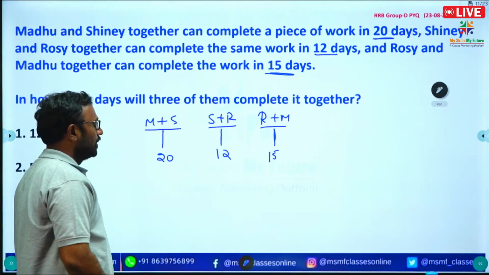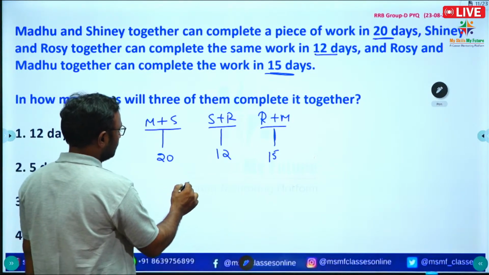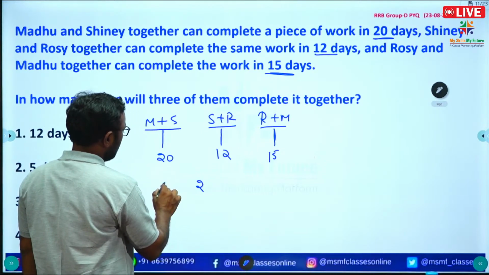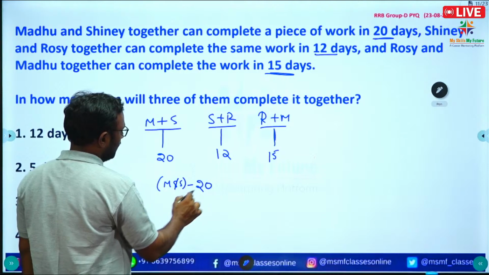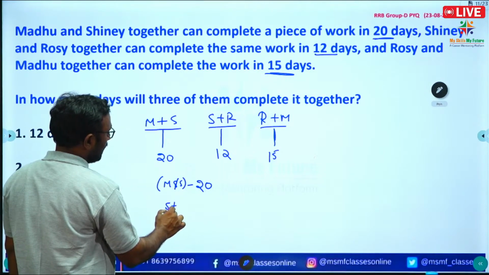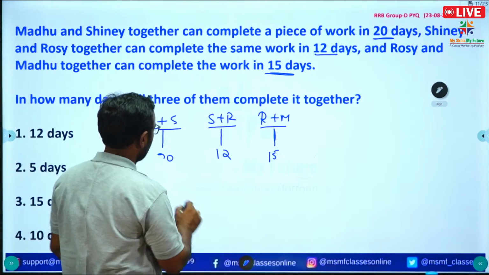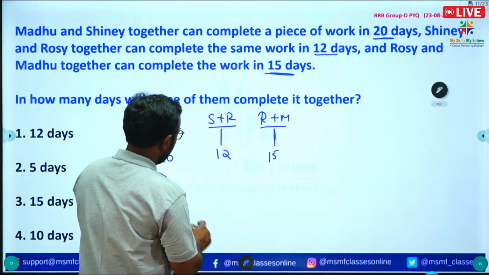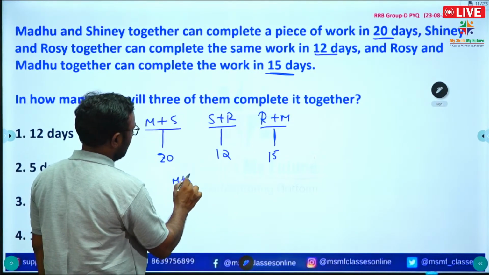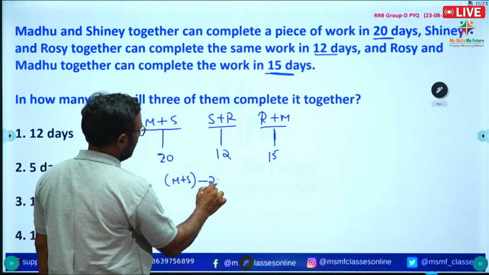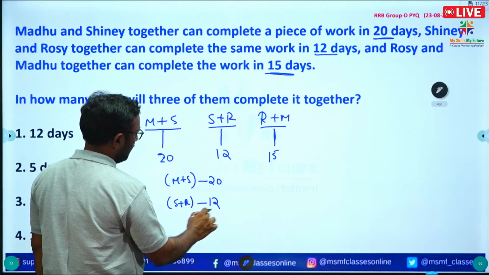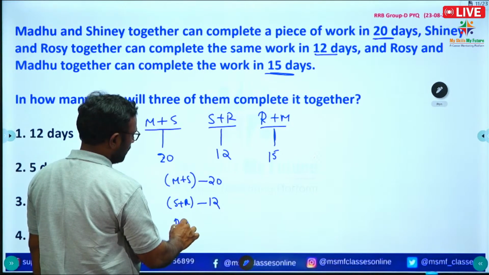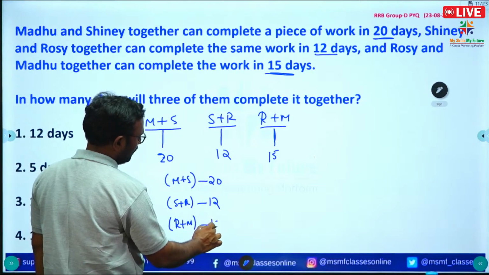Take the LCM. Madhu and Sinhe complete the work in 20 days, Sinhe and Roshi in 12 days, Roshi and Madhu in 15 days.